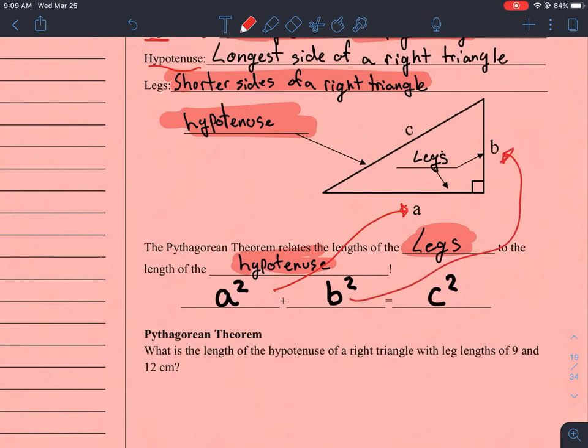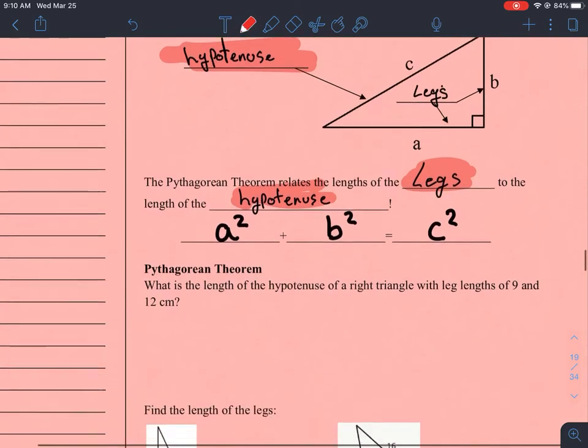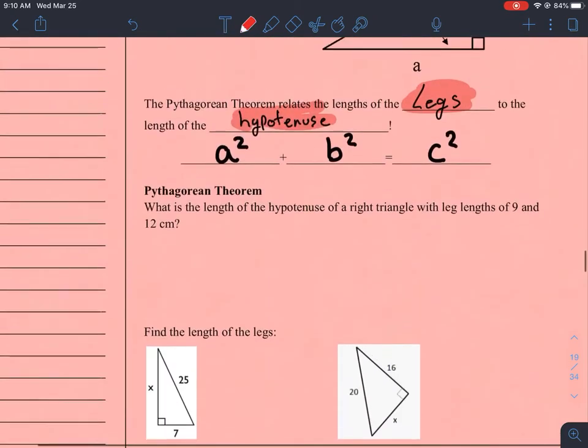If you take the sum of the squares of a and b, a squared plus b squared, it's going to give you c squared. You can calculate the length of that hypotenuse. So we're going to use that relationship, a squared plus b squared equals c squared, to answer some questions.